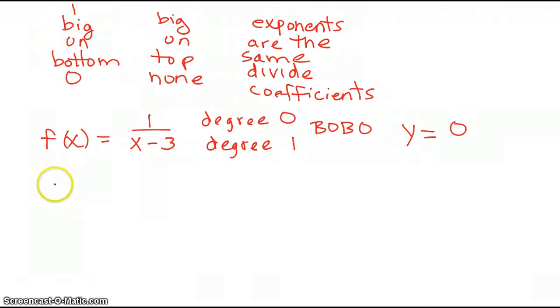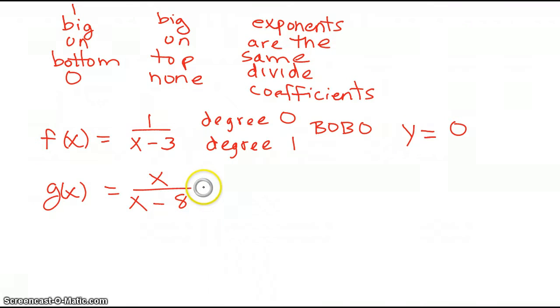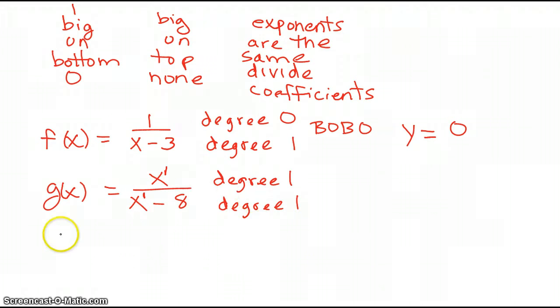If I look at another example, if I had g of x equals x over x minus 8. I would still start the same way. I'd compare my degrees. So the degree of my numerator would be 1 because the exponent is understood to be 1 there. And the degree on the denominator would also be 1 because it's understood to be a 1 there.